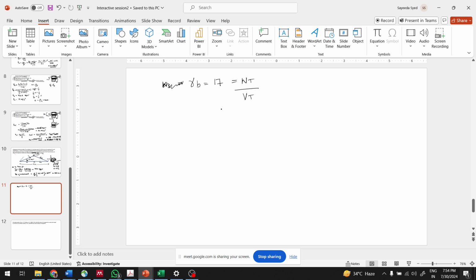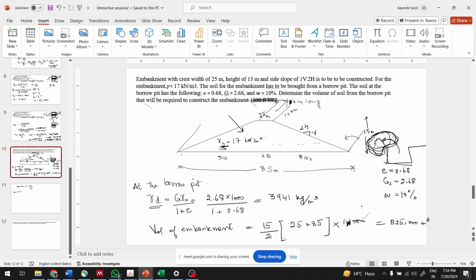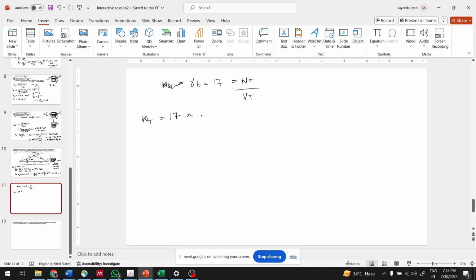We know the total volume, so we can calculate the total weight, which will be 17 into 825,000 kilonewton, which is 17 into 825, 14,025,000 kilonewton.